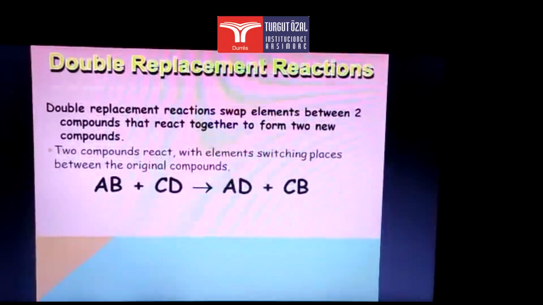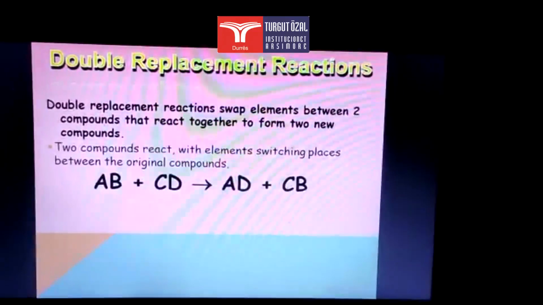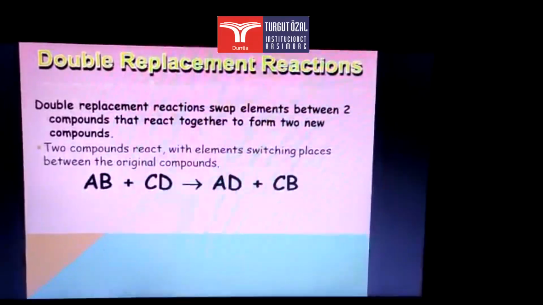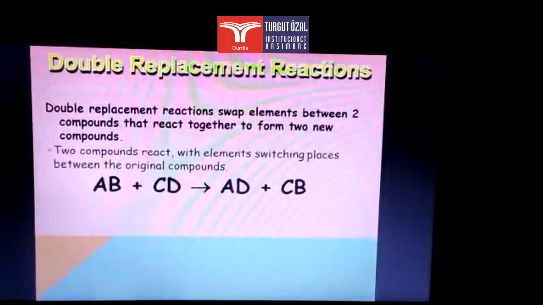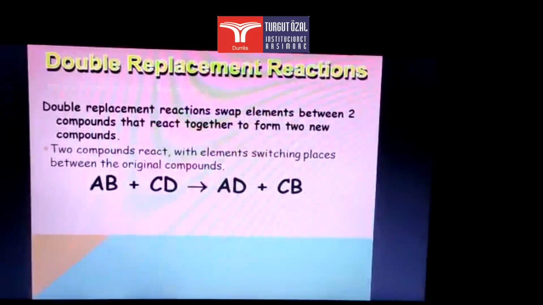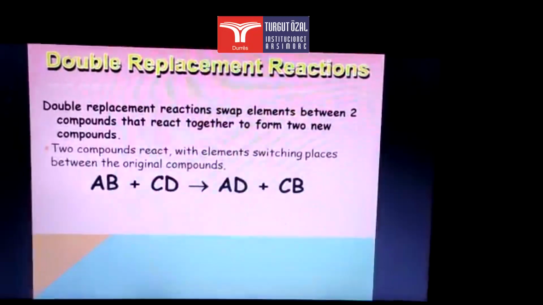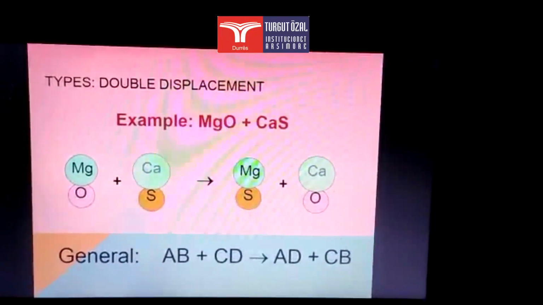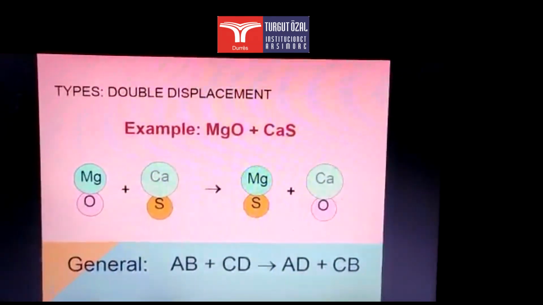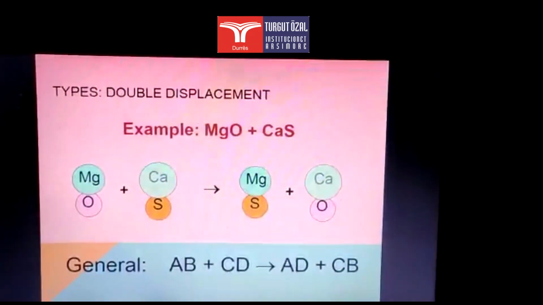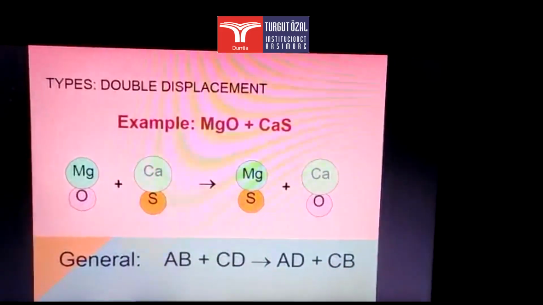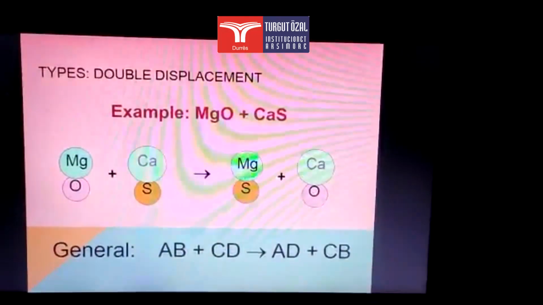Double replacement reactions swap elements between two compounds that react together to form two new compounds. Two compounds react with elements switching places between the original compounds. AB plus CD gives AD plus CB. We have an example here: magnesium oxide plus calcium sulfide, where the elements switch with each other, will give magnesium sulfide plus calcium oxide.